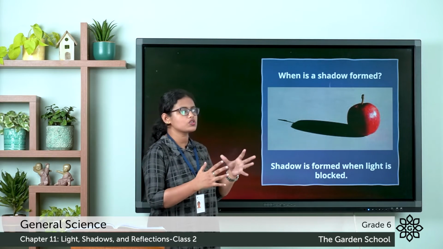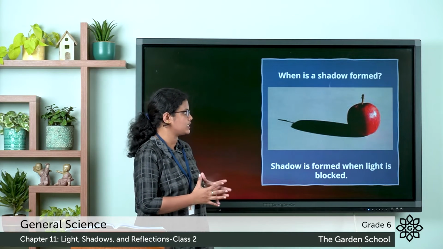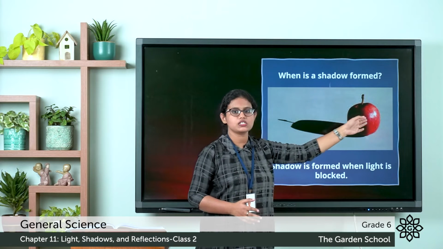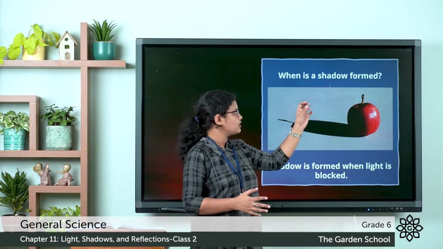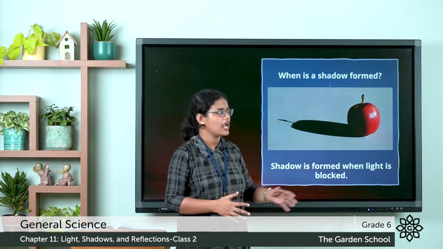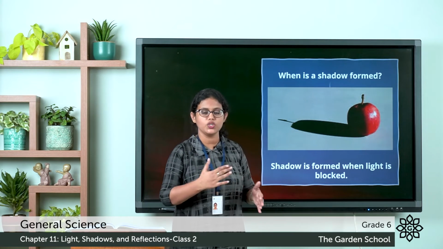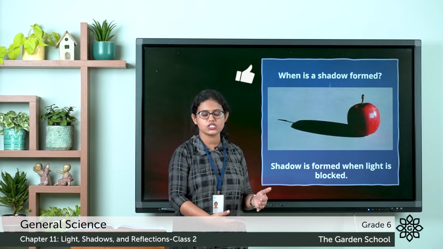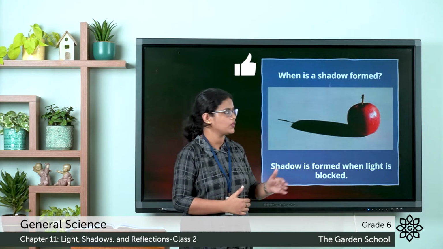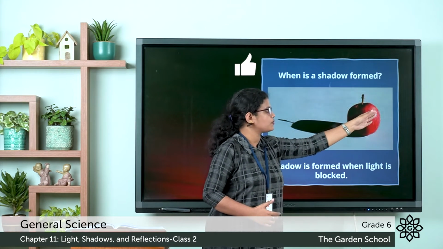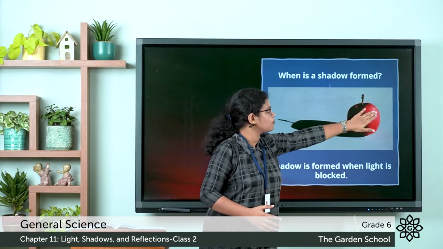If you closely observe this picture, you can see the light comes from this direction. And this is an opaque object, which does not allow light to pass through it. So when the light comes from this direction, the light gets blocked here.